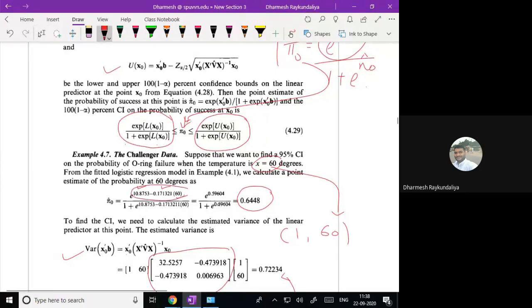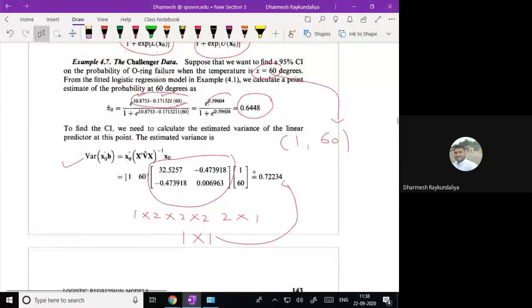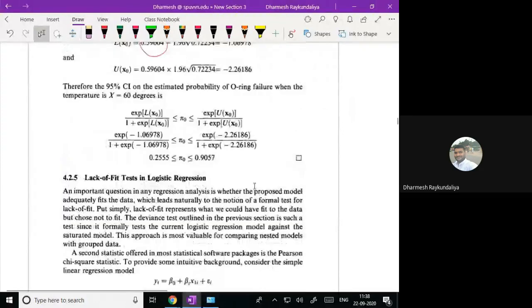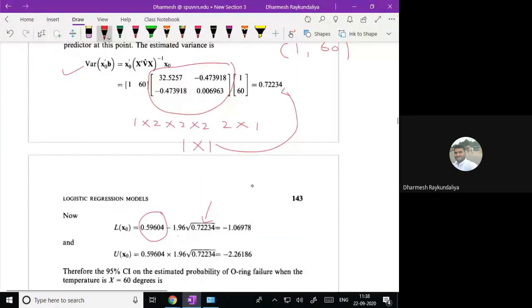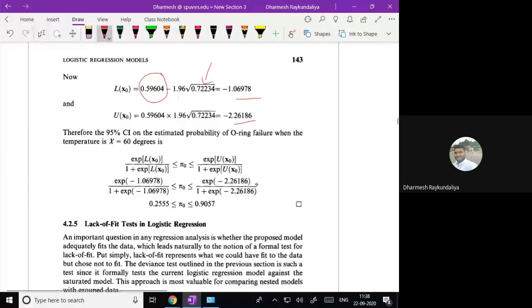This is the linear predictor, 0.596. You can see that it is x0 dash beta minus 1.96 times the square root of the variance of x0 dash b. So this gives the lower limit and this gives the upper limit. And you can see that there is no 0 in that, which means the temperature has an impact. That we already obtained.